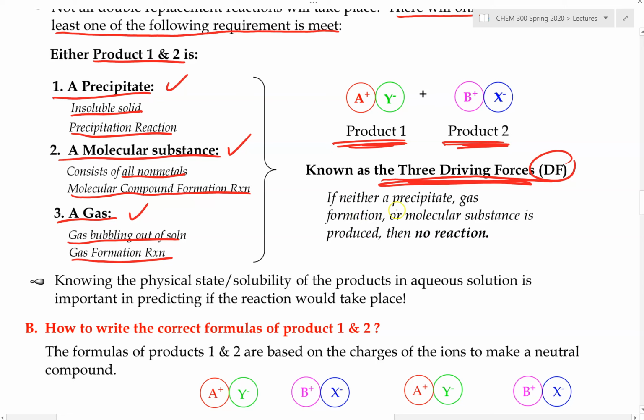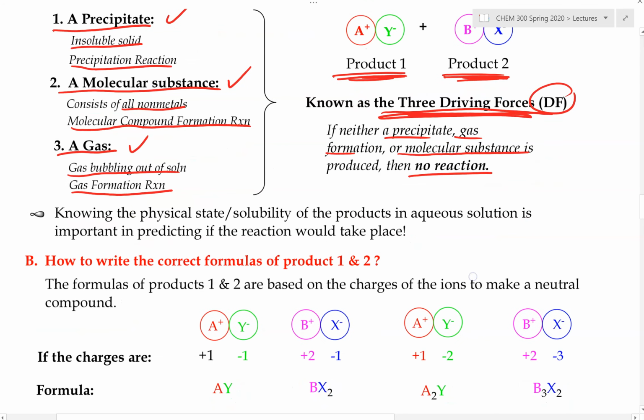So if neither a precipitate, a gas formation, nor a molecular compound is being produced, so if AY or BX is not one of these, then there will be no reaction. So that's how we know which types of double replacement would occur. If we don't have any of the driving forces, then there will be no reaction.